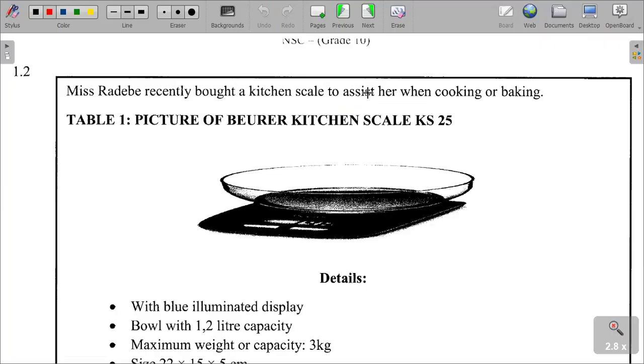Which is question 1.2. Miss Ratepe recently bought a kitchen scale to assist her when cooking or baking.